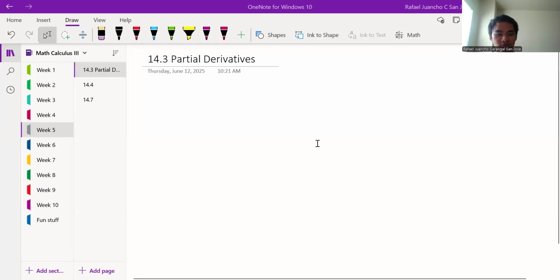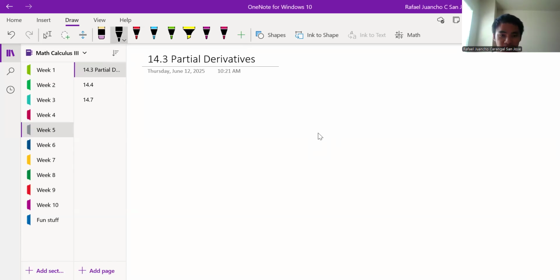So today we're going to be talking about partial derivatives, which are basically derivatives that we use for functions of several variables, right? So in Calculus 1, if we were given some function y equals f of x, we take its derivative.